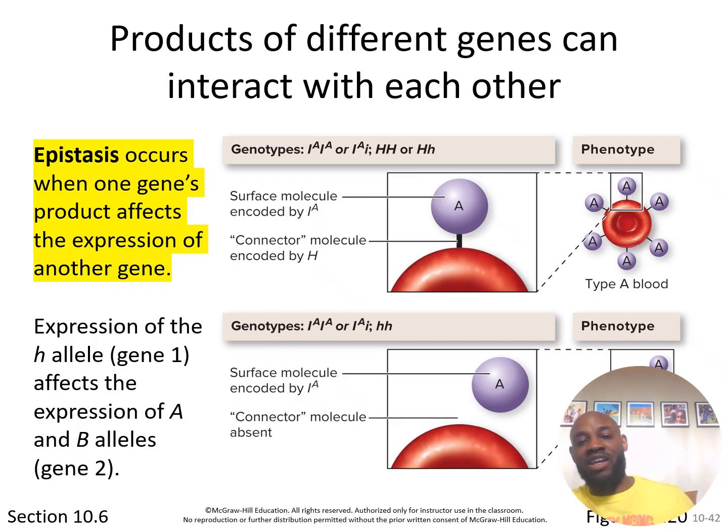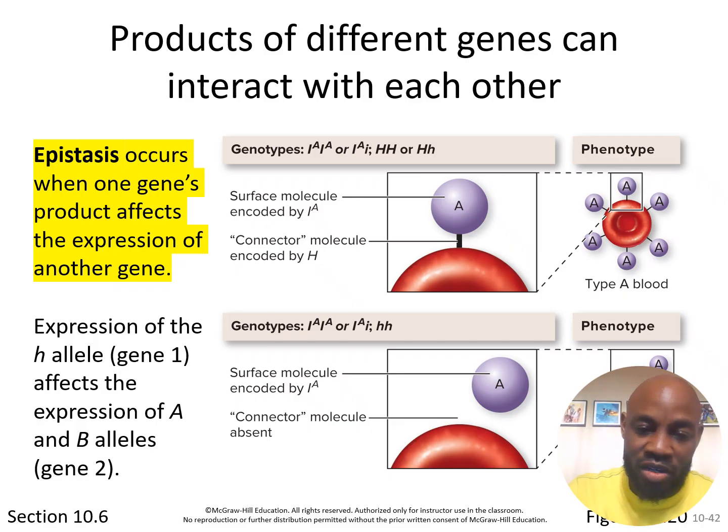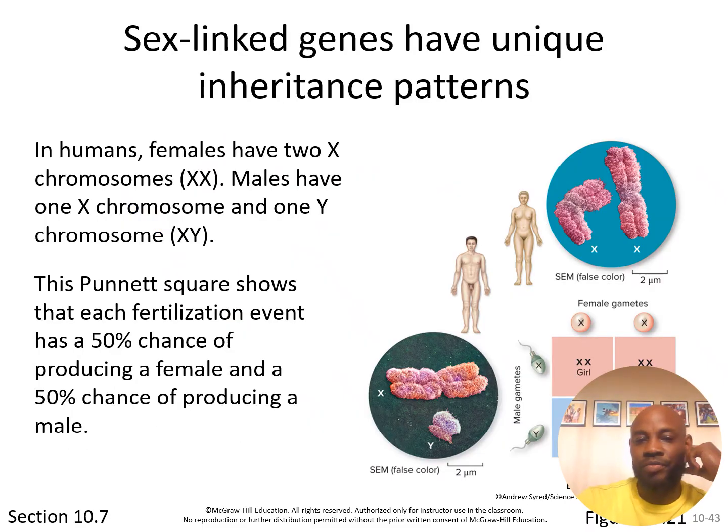You have to have the H allele to be able to connect the antigen to the red blood cell. If I didn't have the H, even if I had the A, it couldn't connect to the red blood cell. So epistasis is one gene affecting the expression of another gene.